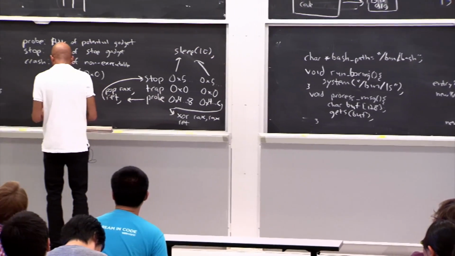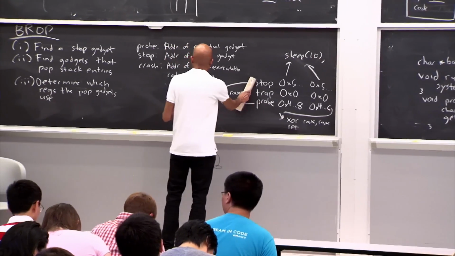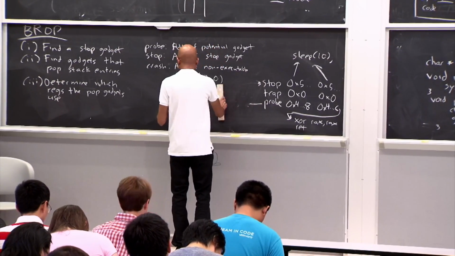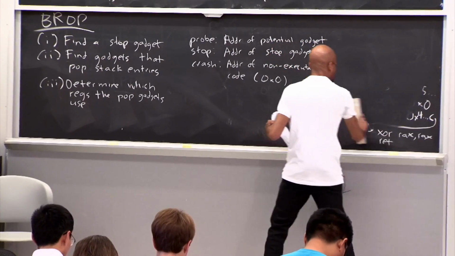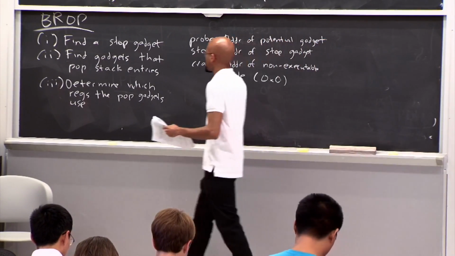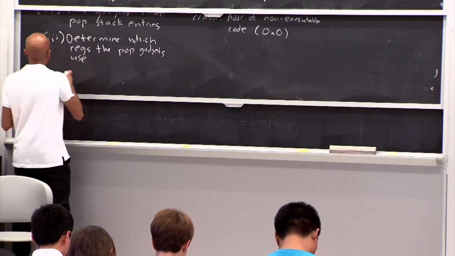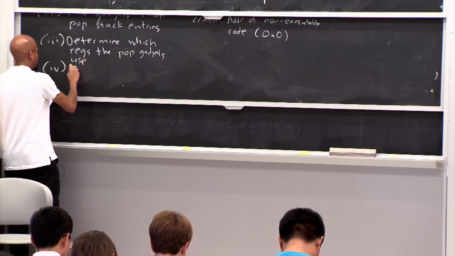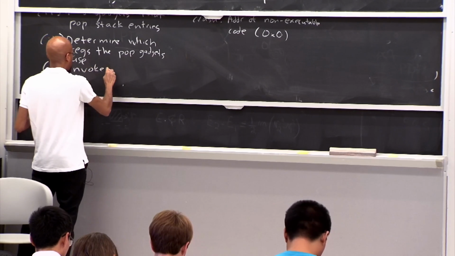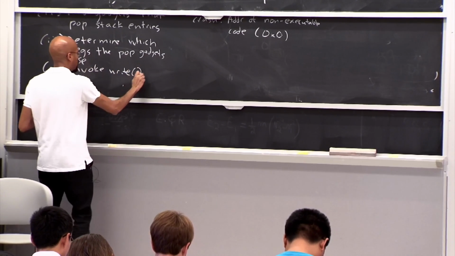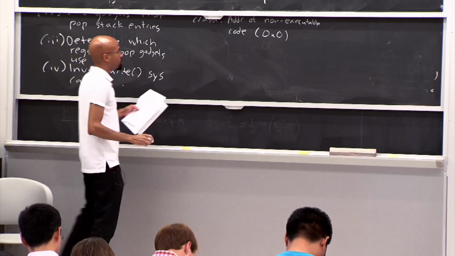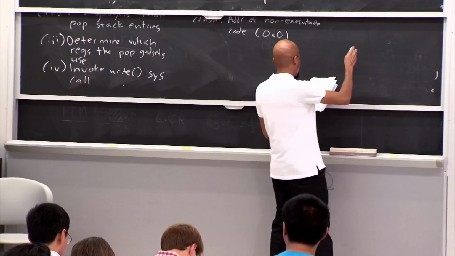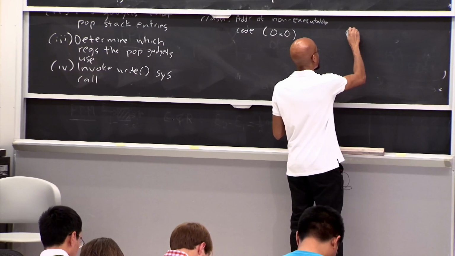Okay, and so now, step 4 is going to be to invoke the write system call. To invoke write, we need to have the following gadgets.